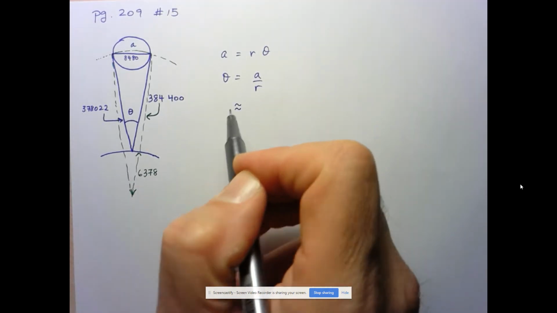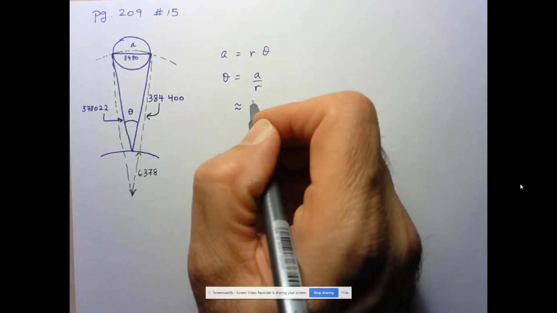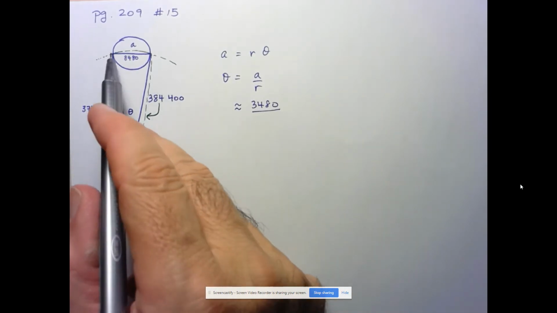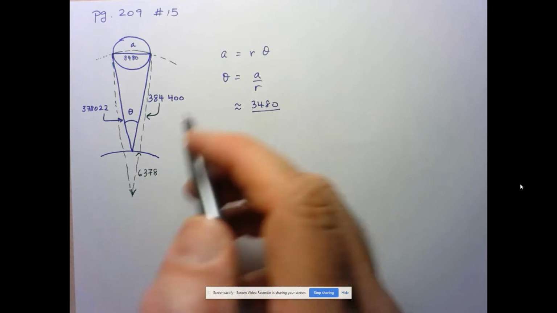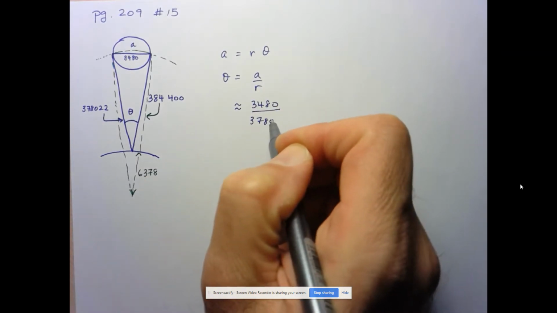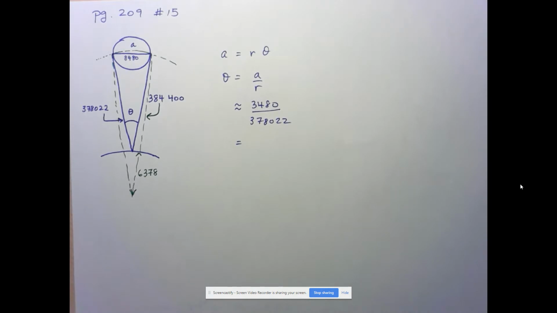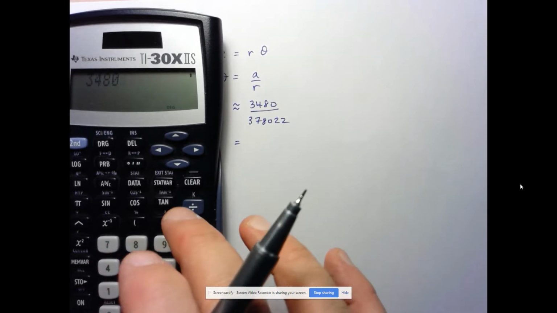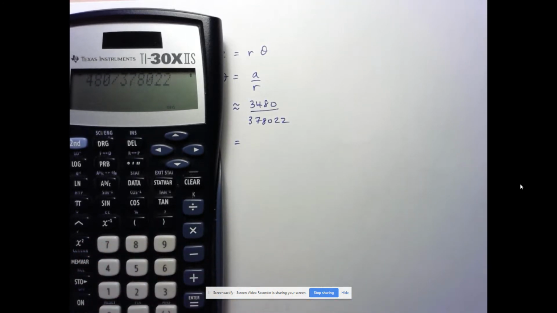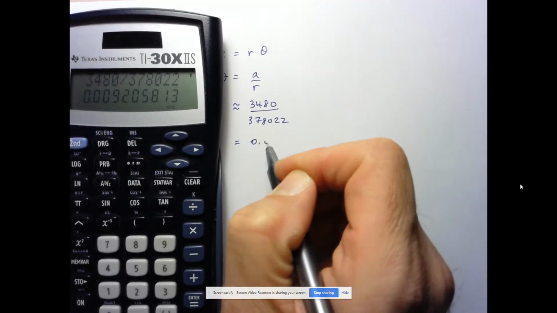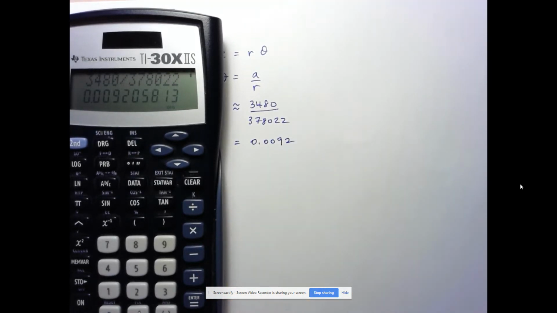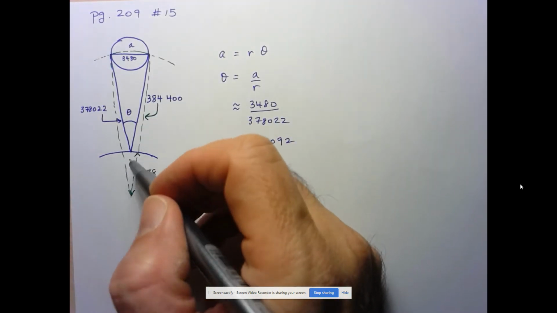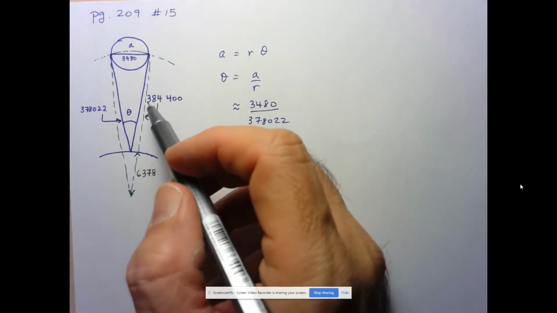Now this arc length is approximately equal to 3480. And if I divide that by this radius as given to the surface of the Earth, 378,022, I'm going to get the angle in radians. So let's calculate that. 3480 divided by 378,022, and we get about 0.0092.